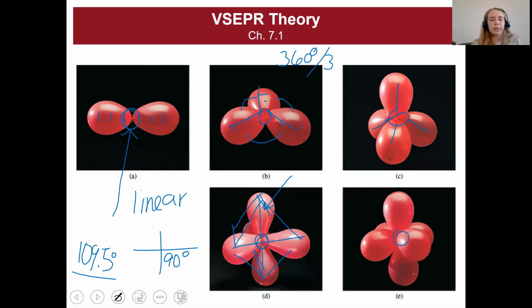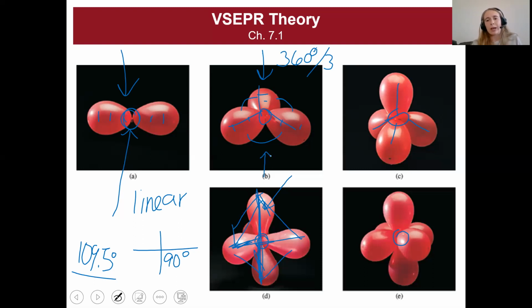These electrons are as far away from each other as possible on top and on bottom, on either sides of the central atom. And then we've got 3 around the middle that are taking this kind of shape. So we've basically got this shape vertically, and then this shape around the middle to make our trigonal bipyramidal shape.